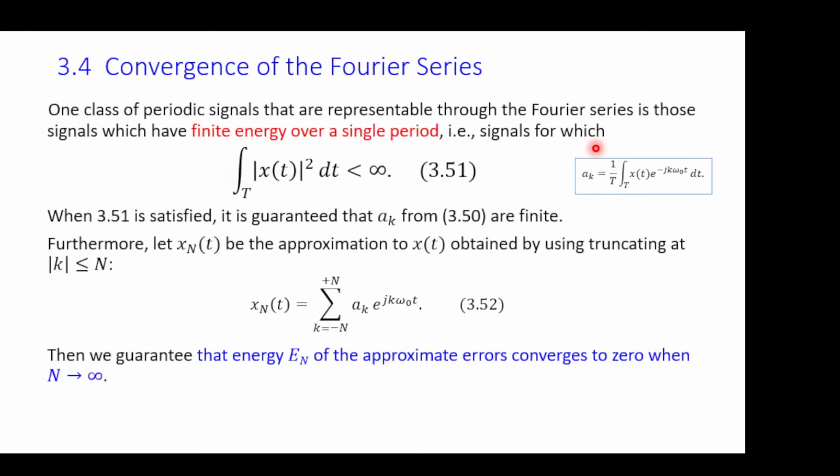Yeah, if the signal has finite energy, and by finite energy, well, energy is this term, so once again, you take the absolute square of your signal and you integrate over one period. It's finite energy over one period. If your signal satisfies this, then first we can check that a_k is finite.